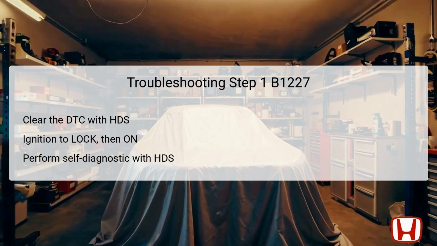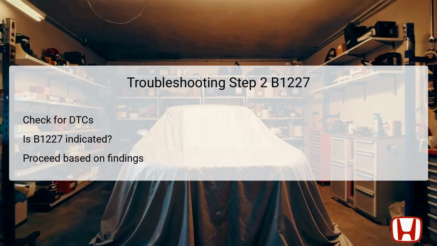After this, perform a self-diagnostic function utilizing the HDS or the climate control unit. This step is essential as it verifies if the DTC reappears, guiding the technician further in diagnosis. If the DTC is persistent, it indicates an ongoing concern with the outside air temperature sensor circuit.